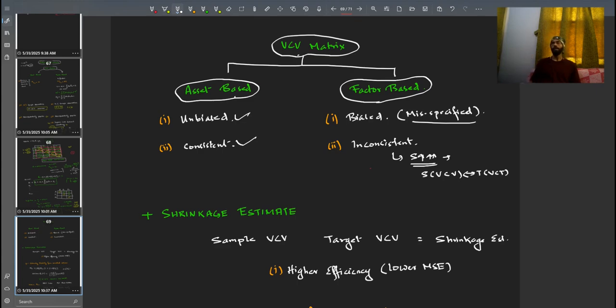Because we are trying to be more precise and less noisy in our approach. We are choosing something that is not quite exact, but can be measured precisely with less noise, compared to something that is much more precise but has much more noise. The asset-based matrix has much more noise, so we are avoiding it even though it is unbiased and consistent. We are preferring something that is more biased and more inconsistent because it is easier and more precise to measure, right?